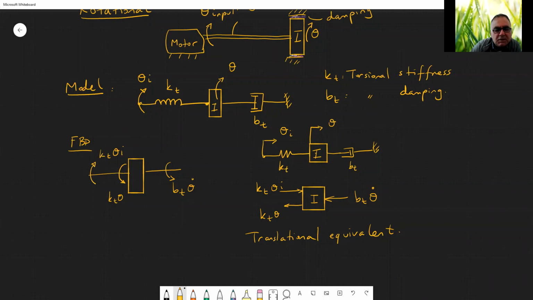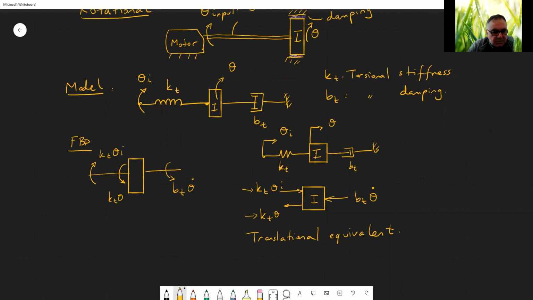If theta were constant, with theta I having a motion, you would have Kt times theta I produce a force in the rightward direction. Whereas if the opposite happens, if theta I is 0 and theta has a certain rotation or motion, you would have a torque in the opposite direction, like this one.